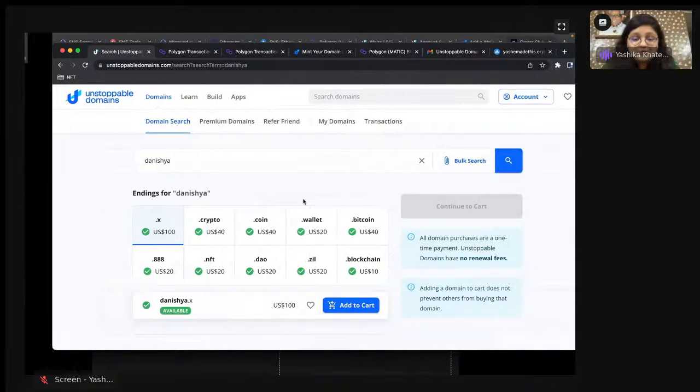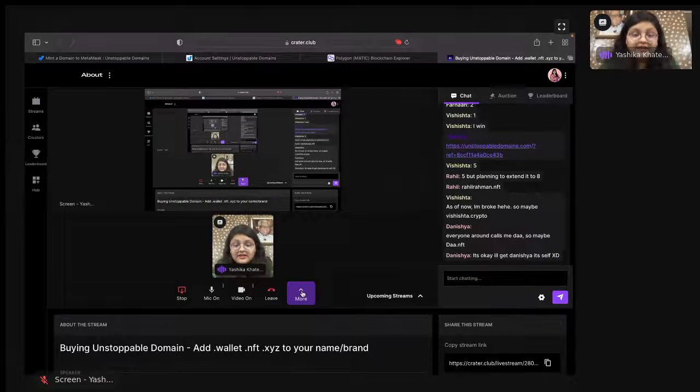And remember, guys, if you want a website to be made, it is better to take .crypto because the website feature is allowed only in .crypto. And as per my research, the NFT gallery is also provided for .crypto holders and not for others. So do your own research and understand which ones exactly you want to buy, because you pay $10, $20, or $40.